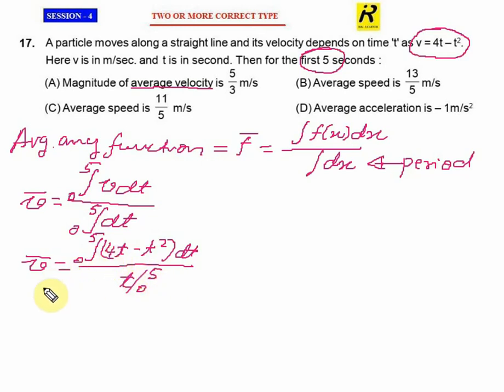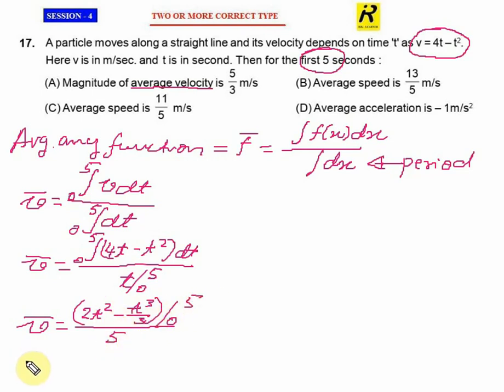So on making the proper integration, we get 4t² divided by 2, that means 2t², minus t³ divided by 3, in the interval 0 to 5. In the denominator I simply write 5.